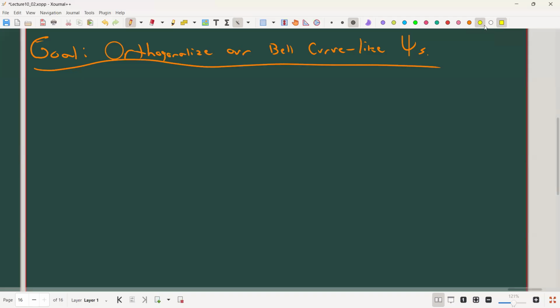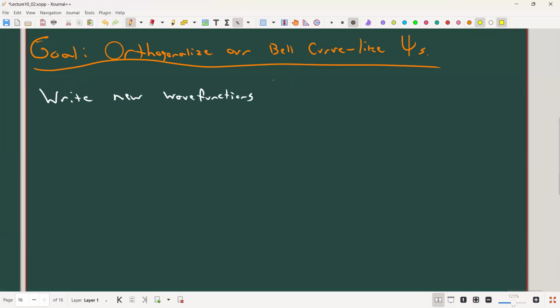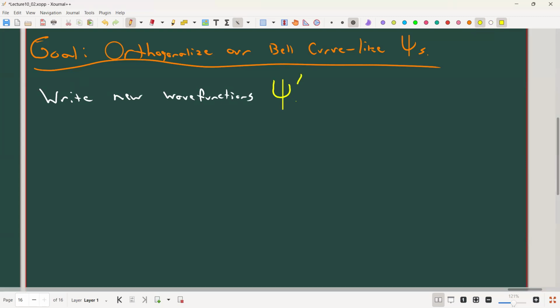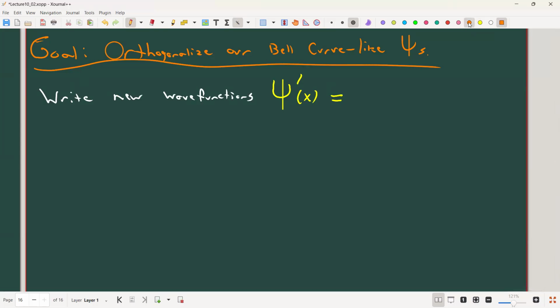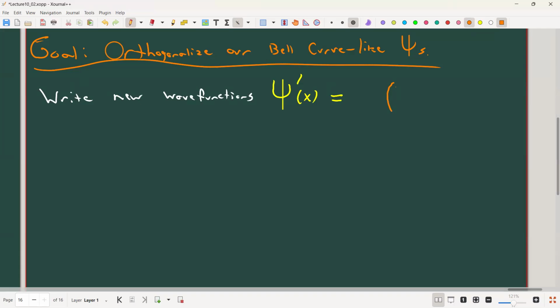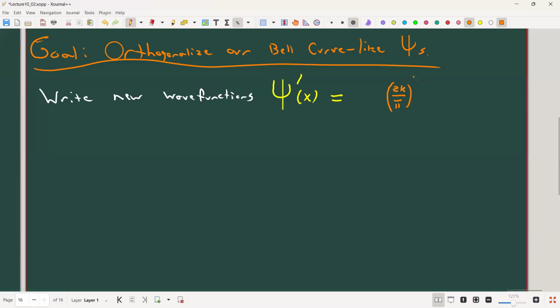Okay. No matter. All right, so what we're going to do is basically write new wave functions. Psi prime of x. And we're going to take the bell curve part, which is (2k over pi) to the 1/4 e to the minus kx squared.